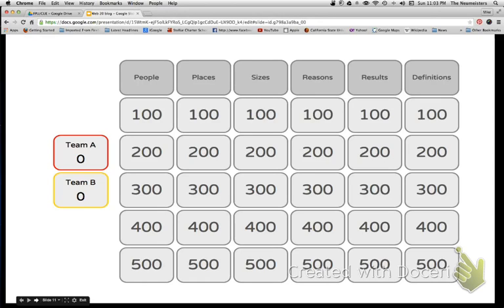If team A is correct, then team B does not get the points, but if team B is correct and team A is wrong, then team B gets the points. And it goes back and forth that way. So the next thing we're going to be doing is let's go play a little bit of the game.